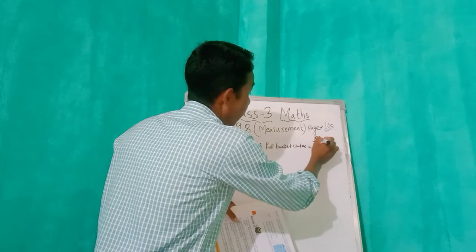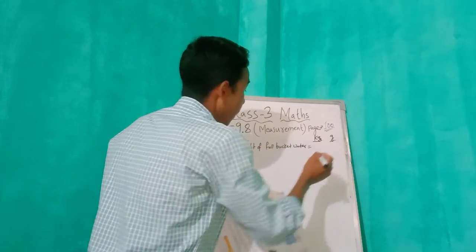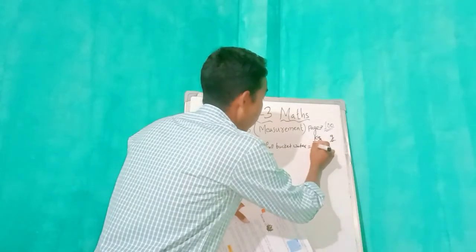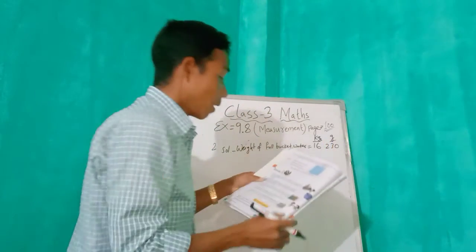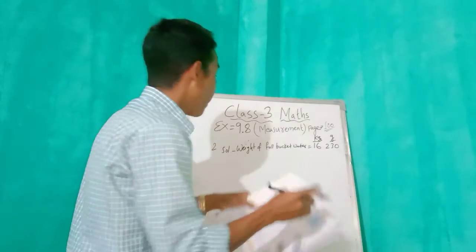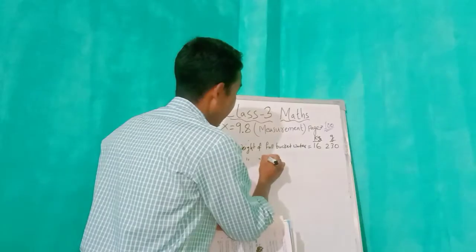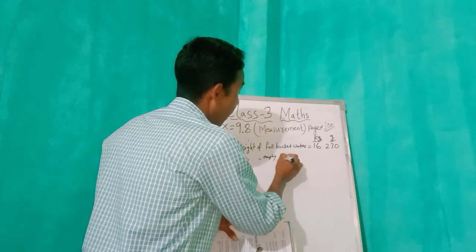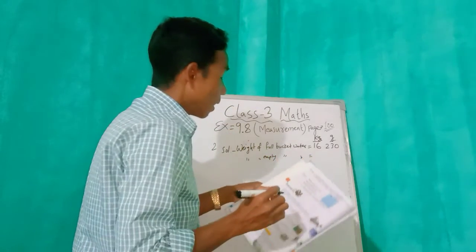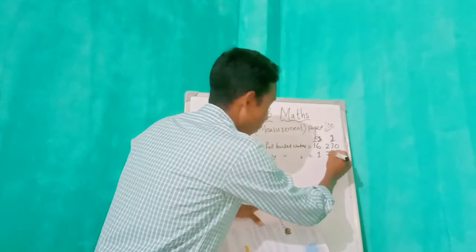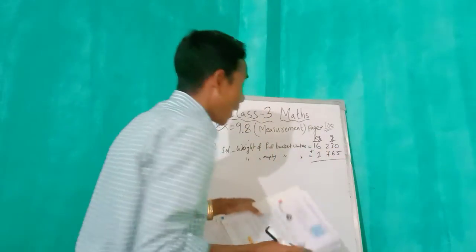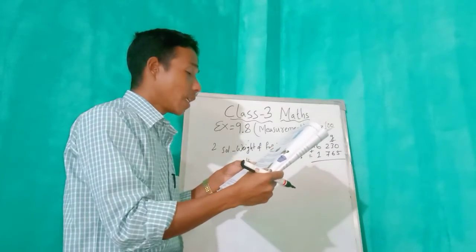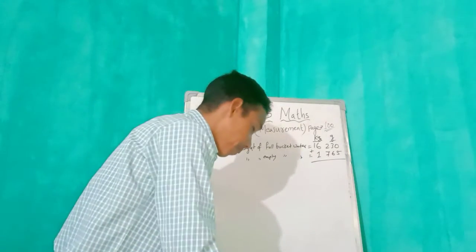Here is kg and this is gram. 16 kg and then 230 gram. The weight of the empty bucket equal how much? 1 kg 765 gram. Okay, so we have to find the weight of water in the bucket.